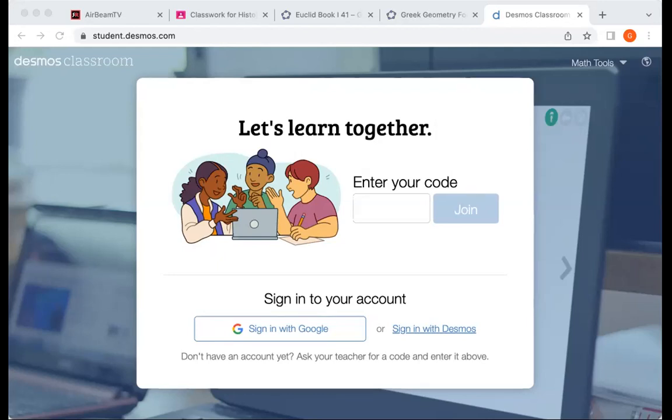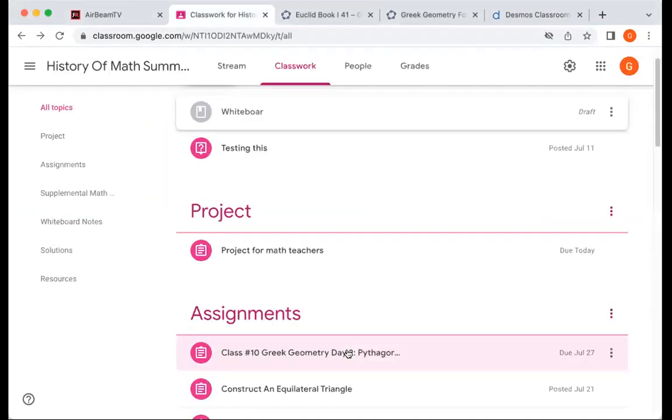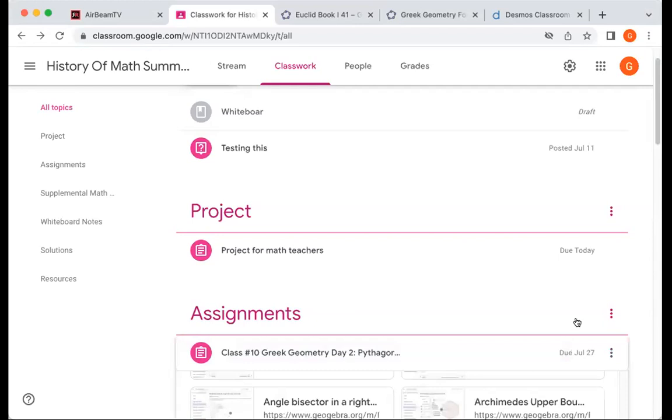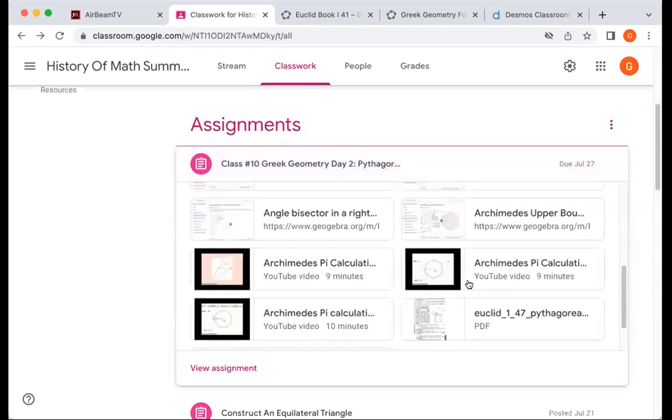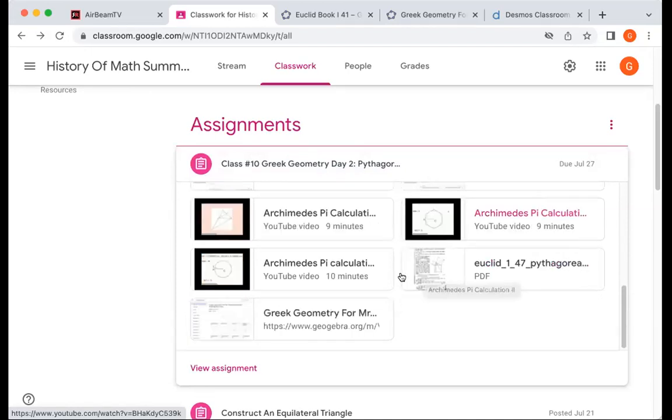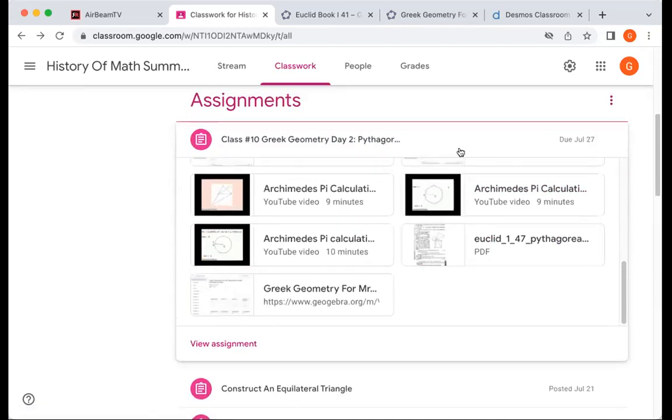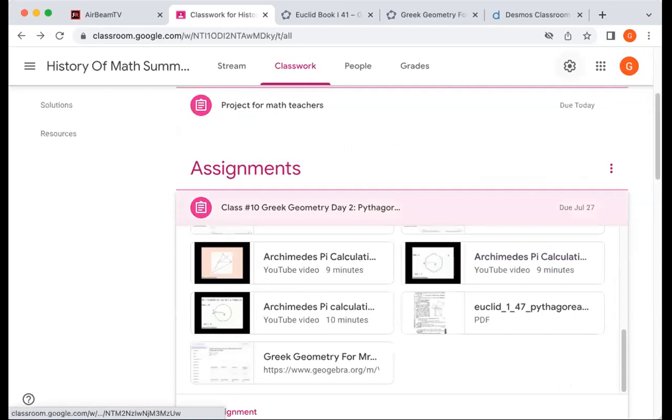Things going a little slow on my end. Do we have the code over here? Let's just see. If you go to class number 10 and you click, wait, is it there? It's not here? That's very frustrating to me.